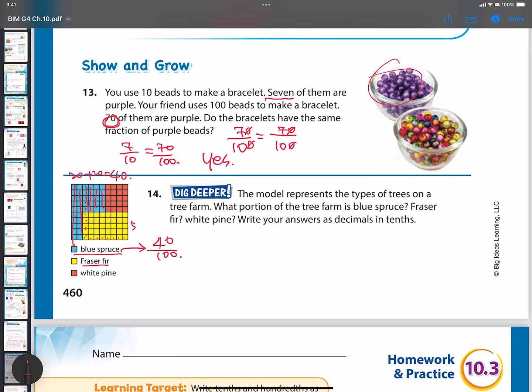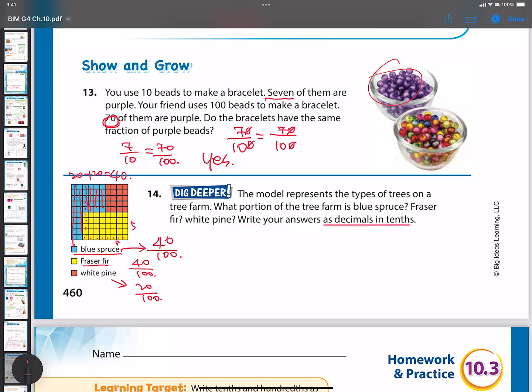So 5 times 8 is 40. So 40 over 100 again. Now here 1, 2, 3, 4, 5 times 4 is 20. White pine is 20 over 100. But they were asking us to write answers as what?